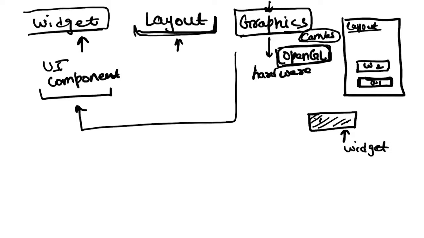Then it gets converted into a widget, and you can use those readily available widgets within your framework or UI application. Then you can place those widgets within your layout, however you want to organize all of these components. I hope you get the high level idea. Now, some of the other modules I'll talk about is events.